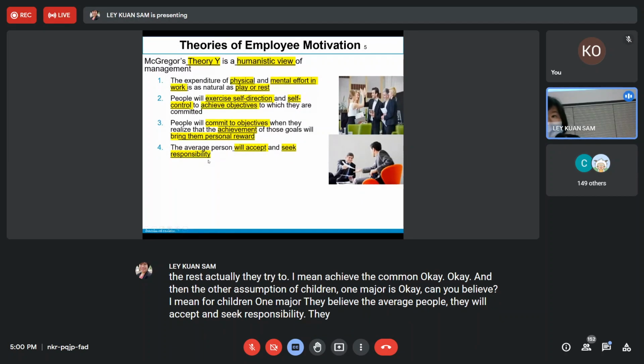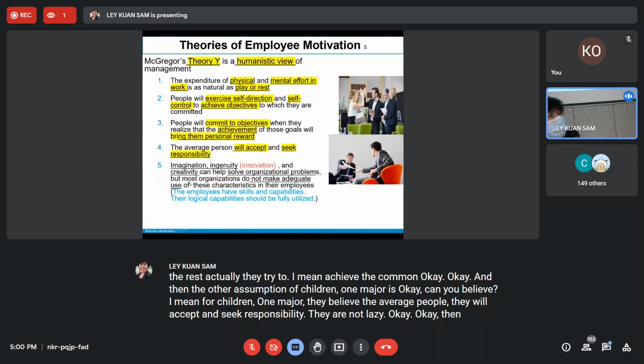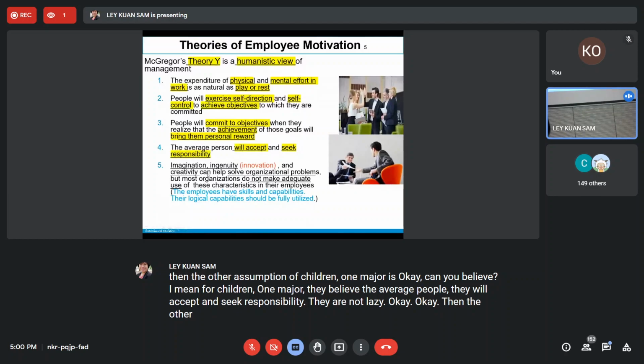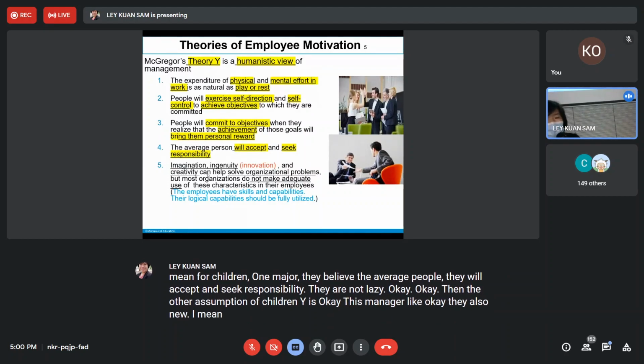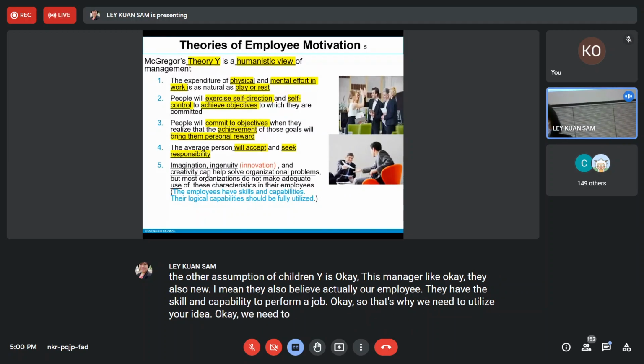They are not lazy. Another assumption is that employees have the skill and capability to perform the job, so we need to utilize their ideas. We need to involve them and ask them for their opinions.